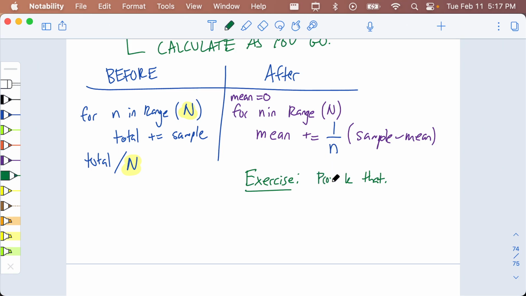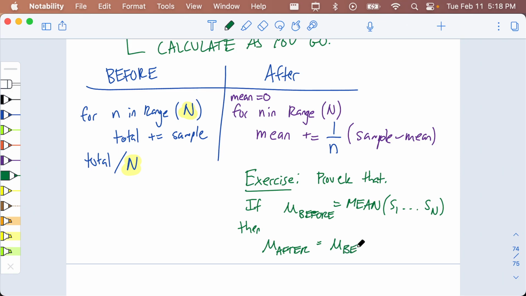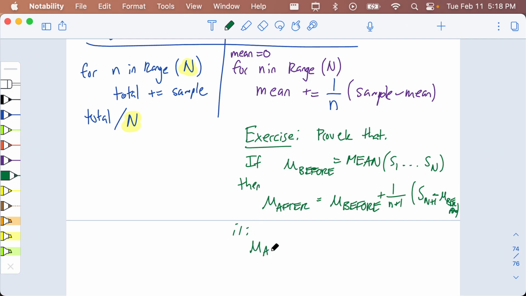Prove that if, let's say, mu before is the mean of, say, samples S1 up to Sn, then mu after equals mu before plus 1 over, in my situation, n plus 1 times S n plus 1 minus mu before, is mu after, the mean of everyone after, S1 up to S n plus 1.